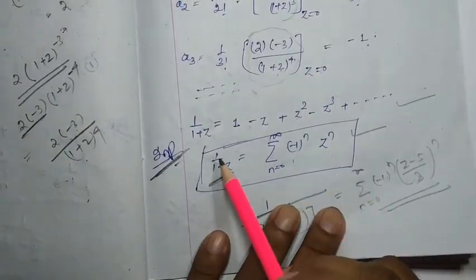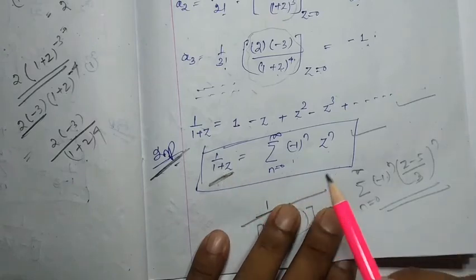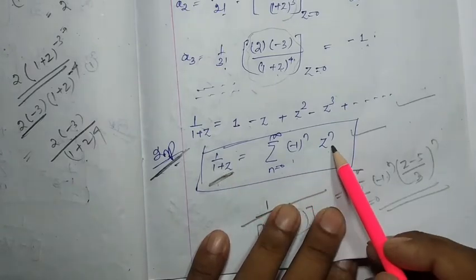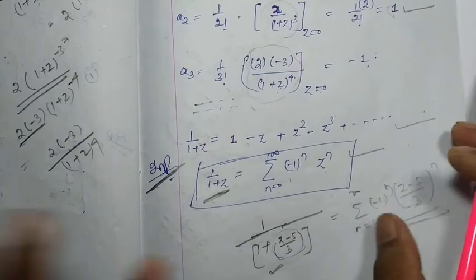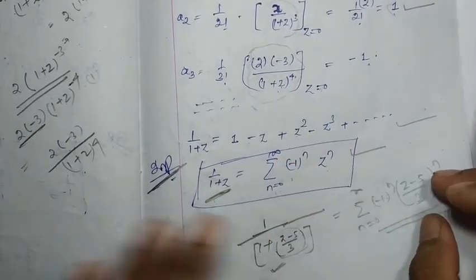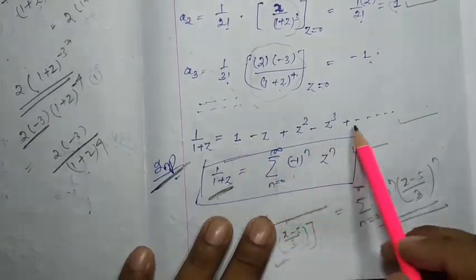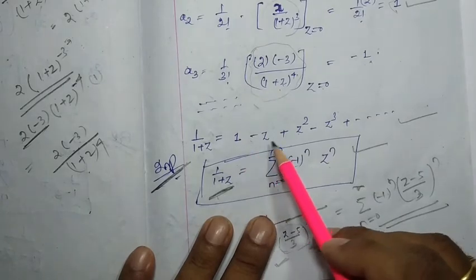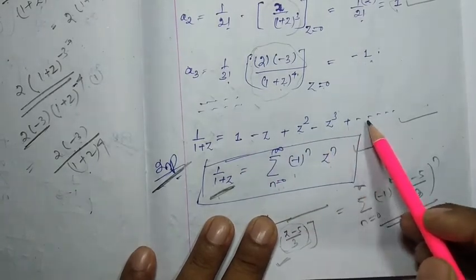That is 1 by 1 plus z equals summation over n equal to 0 to infinity of minus 1 to the power n z to the power n. Or in expansion form, 1 minus z plus z square minus z cube and so on.